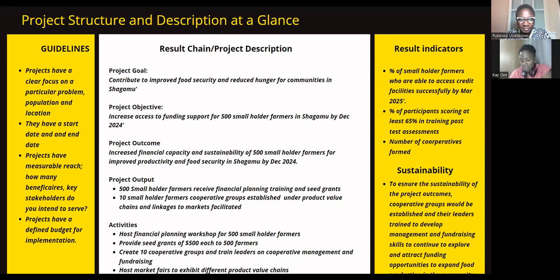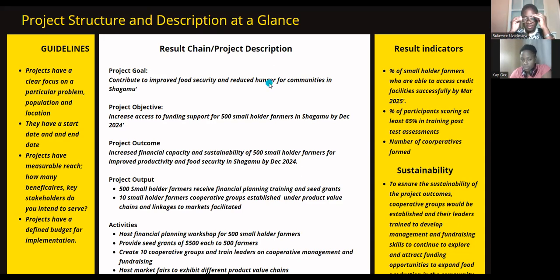Rookie can drop something on the proposal plan, which is simpler. It is a simplification of the log frame. If they are able to understand what should go into what section of a proposal plan, it should not be difficult for them to know, once I develop my plan, I can just lift this view into this section of my log frame.